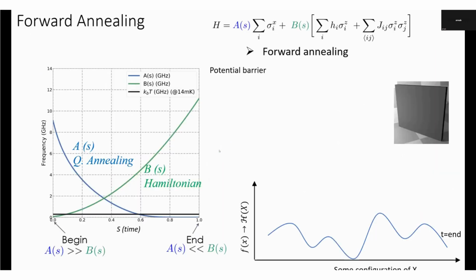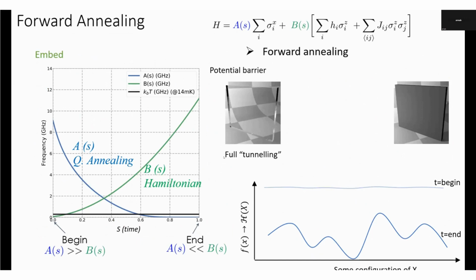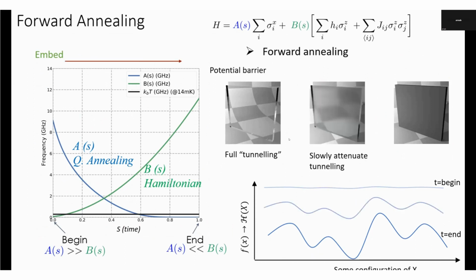Once we have embedded the problem, there are several kinds of annealing procedures that we can do. The first is called forward annealing. In forward annealing, we tune this annealing parameter, which is S, continuously. We start with allowing full tunneling between the states, and then we slowly attenuate the transverse field and form the potential barrier with the Hamiltonian, and then we finally end up in the right configuration.